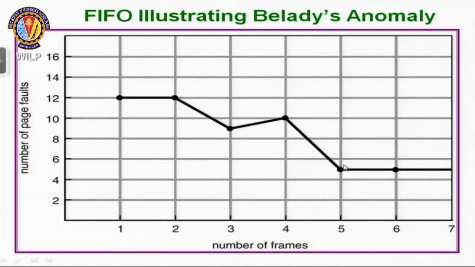This is because as soon as the number of unique references in a given string is equal to the number of frames, you reach what we call a constant frame number.